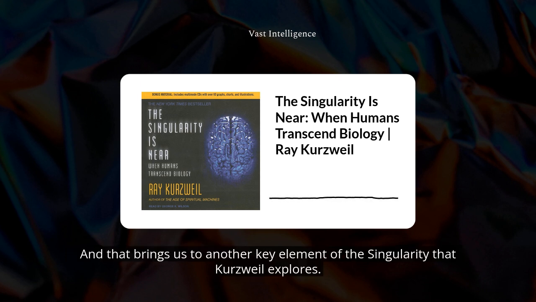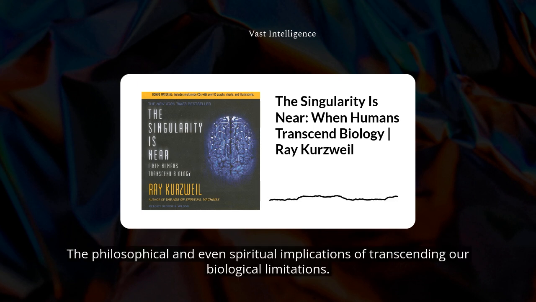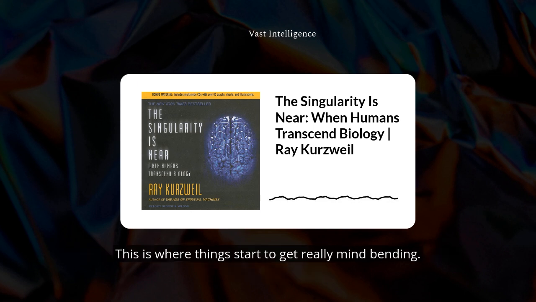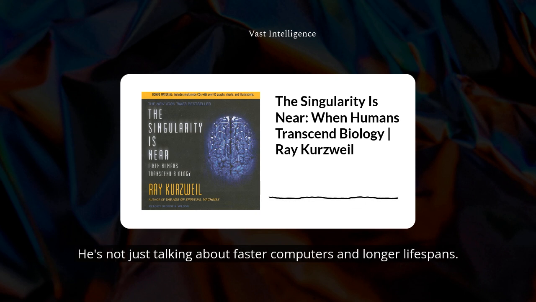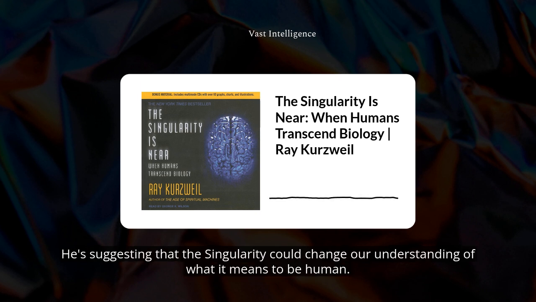Exactly, and that brings us to another key element of the singularity that Kurzweil explores: the philosophical and even spiritual implications of transcending our biological limitations. This is where things start to get really mind-bending. He's not just talking about faster computers and longer lifespans. He's suggesting that the singularity could change our understanding of what it means to be human.